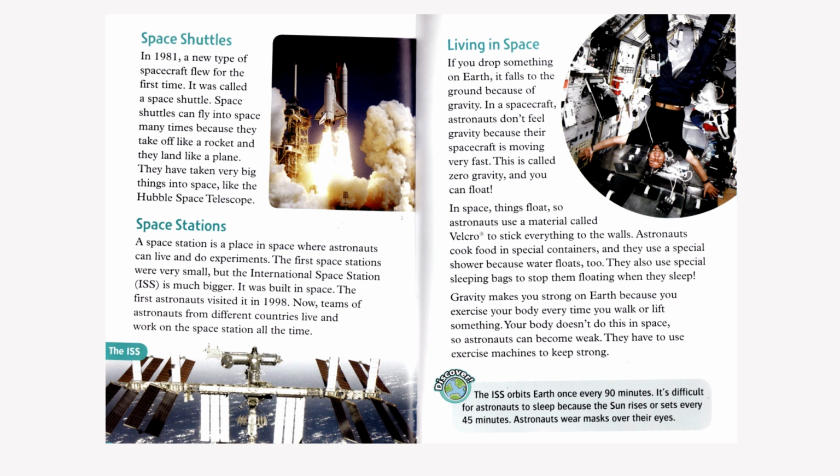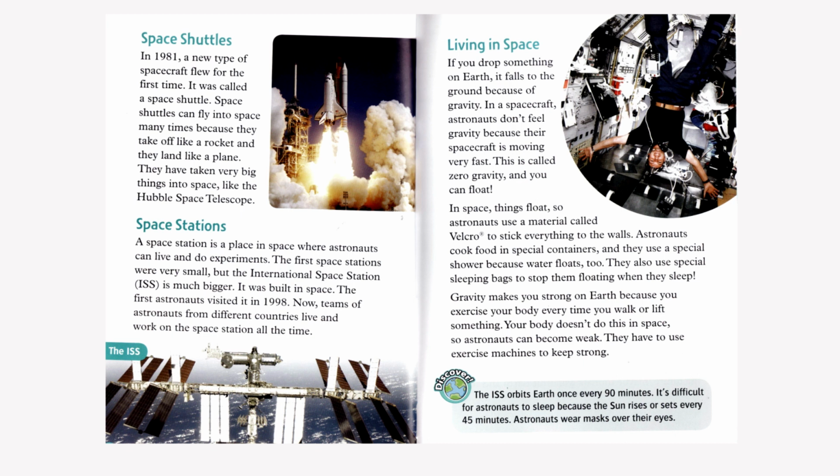Living in space. If you drop something on Earth, it falls to the ground because of gravity. In a spacecraft, astronauts don't feel gravity because their spacecraft is moving very fast. This is called zero gravity, and you can float.